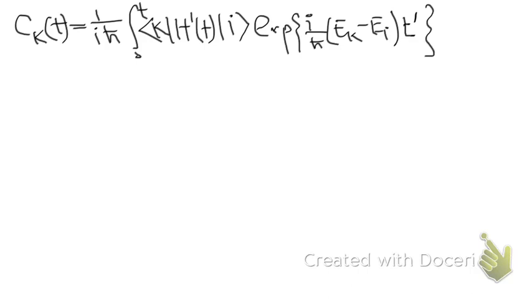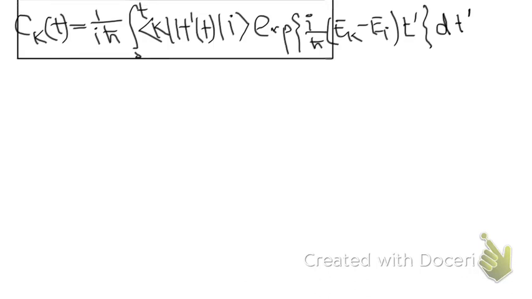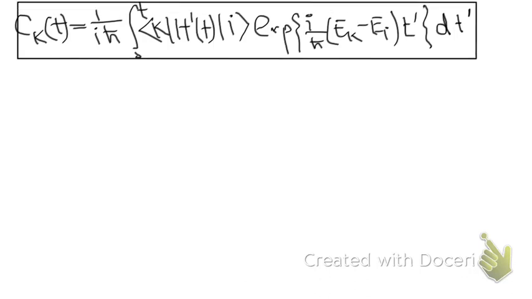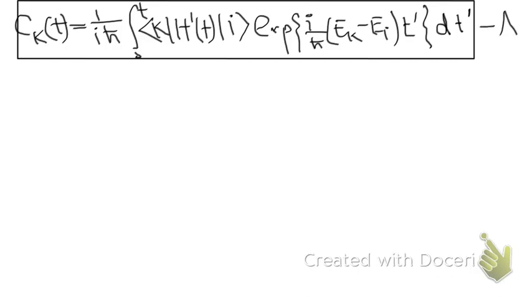I'm sorry, dt prime again, obviously because it's a dummy variable. Let me box this equation, and I'm going to call this equation my equation lambda.